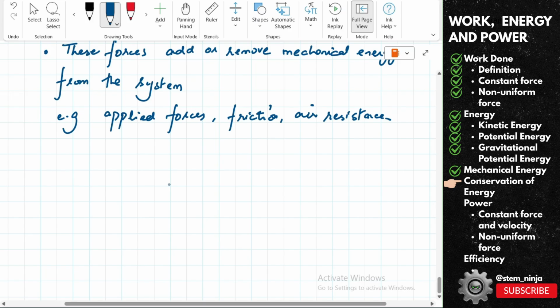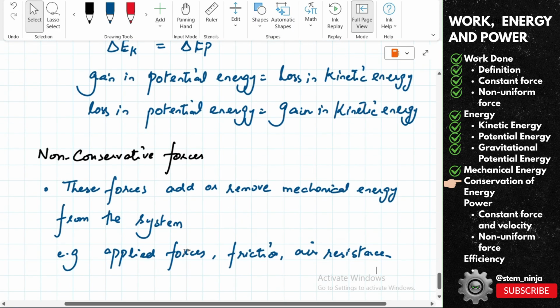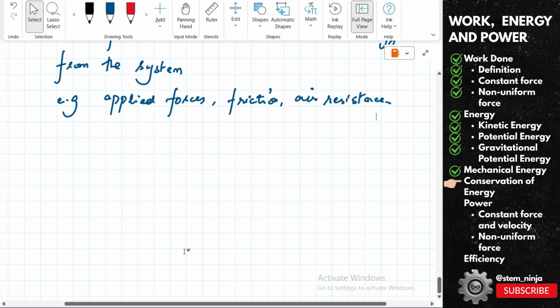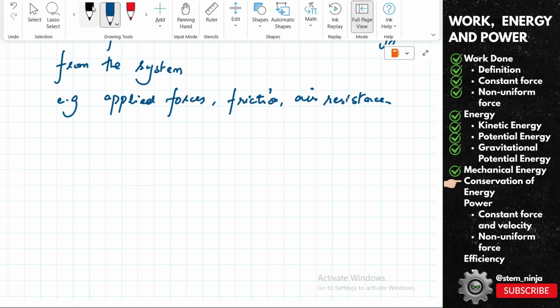Right. Now, this would mean that the work done by non-conservative forces will include a component of work done also. So the change in potential plus work done will be equal to the change in kinetic. Now we can have the same scenarios over here.